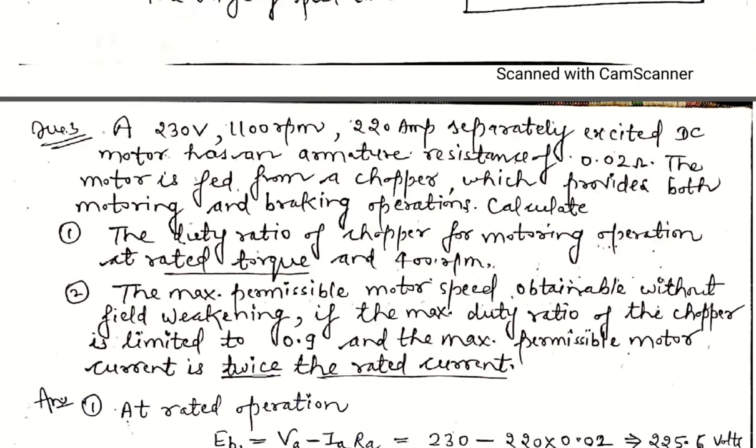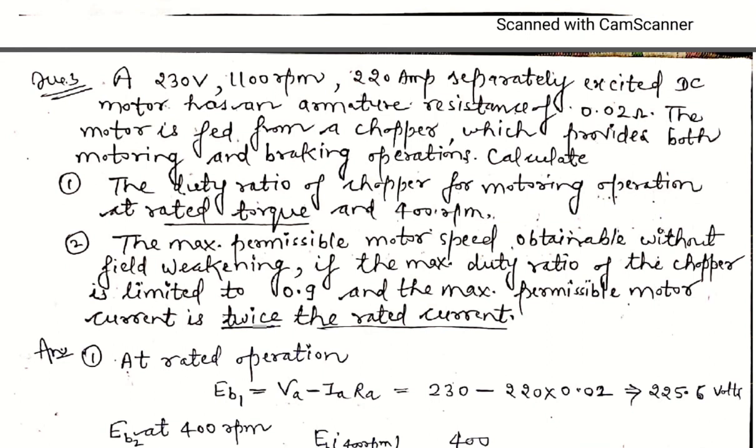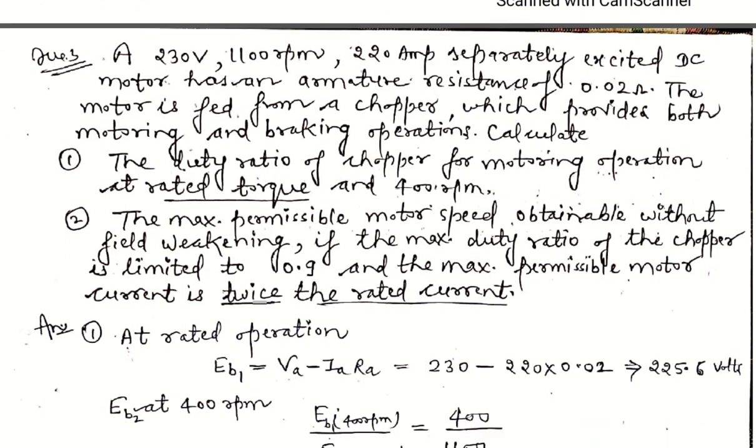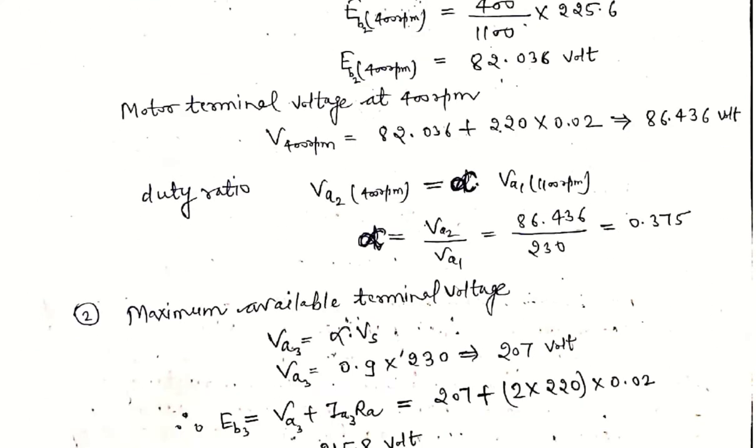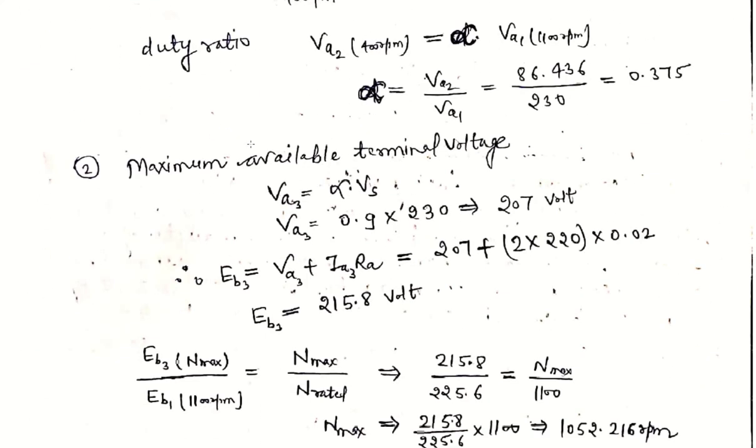Now the second mode of operation is the field weakening operation. Here the maximum duty ratio of the chopper is already given as 0.9 and the current is twice the rated current. As the duty ratio is given, we simply apply the formula Va3 equals alpha Vs. Vs is 230 given and alpha is 0.9. By this relation, we calculate the terminal voltage, 207 volt.